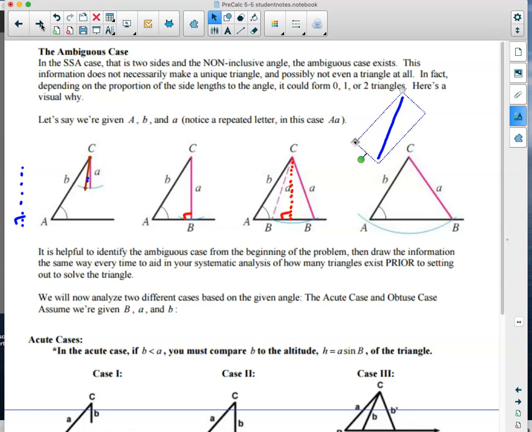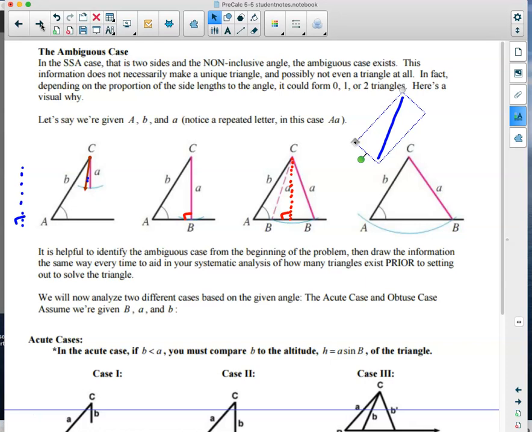And once we know the height, we can figure out, will it reach all the way down? Is it at least as long as the height? Now, is it long enough that it would hit once and short enough that it would hit twice and get us two triangles? Or is it so long that we're not going to get anything but one triangle?